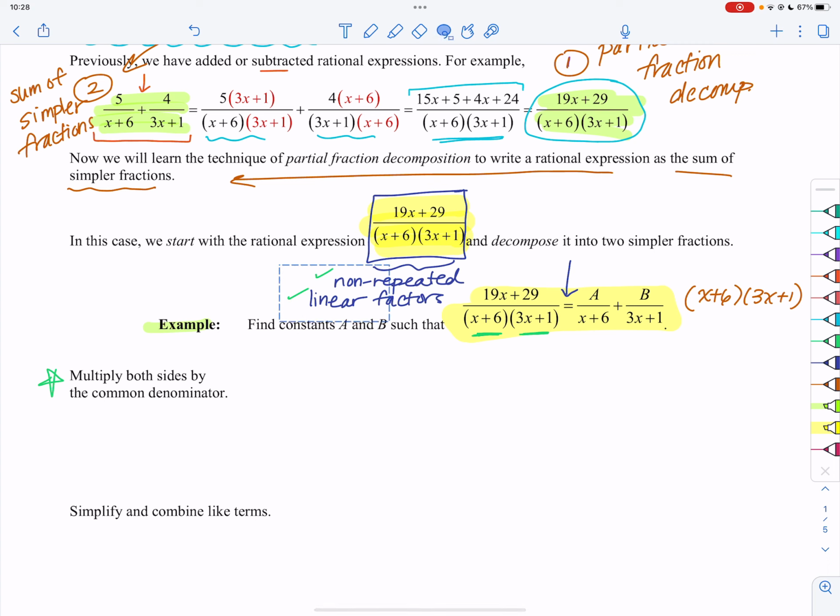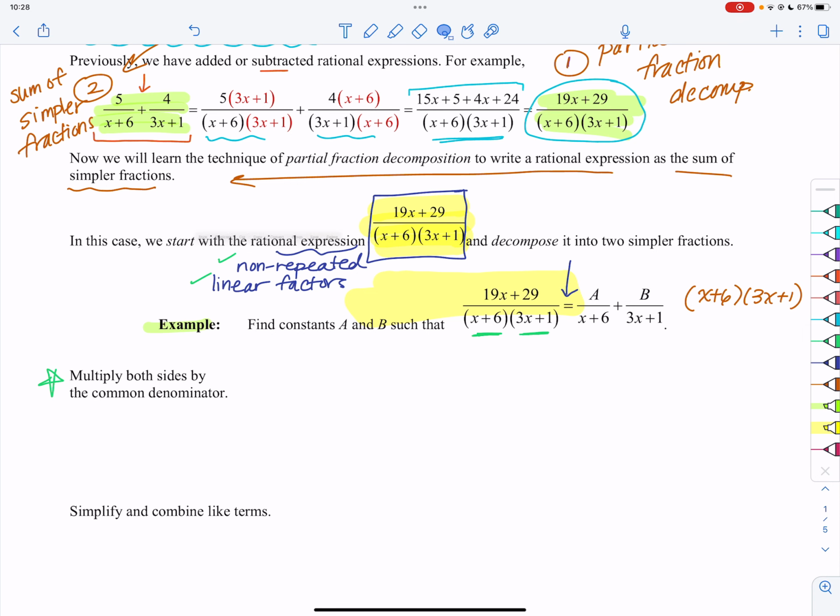Let me see if I can move this right there, and I'll go ahead and write an arrow there. And then again, this side, let's go ahead and write this, x plus 6 multiplied by 3x plus 1, okay? And again, this is what we started with, and this is the formula, okay?